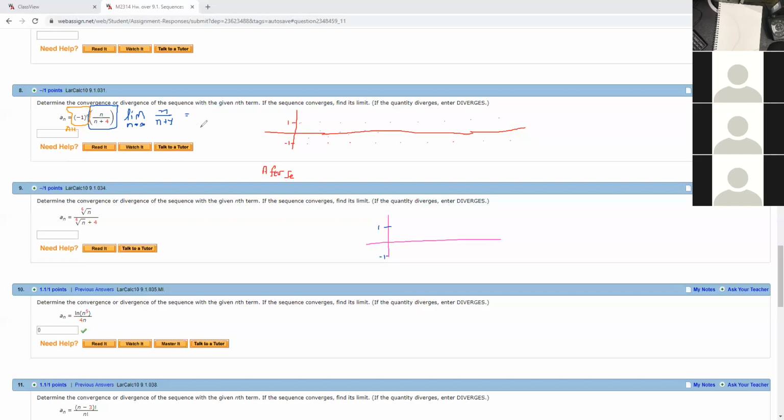If we get 0, then what that means is, even though the numbers are alternating negative, positive, they're getting closer and closer to 0. Negative, positive, negative, but getting closer and closer to 0. That's an alternating type that's converging towards a single finite number.